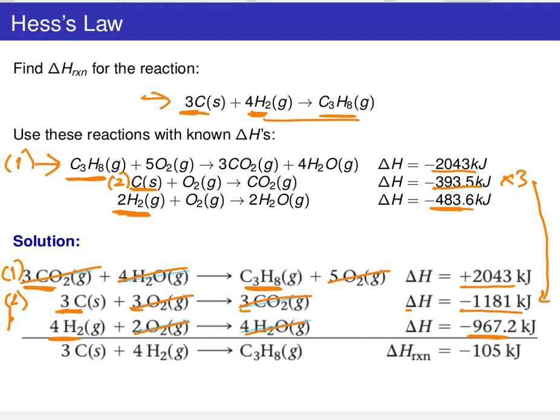And then, carrying over the surviving terms, we have our desired chemical reaction equation and the corresponding delta H obtained by summing up these delta H's for each one of the steps.